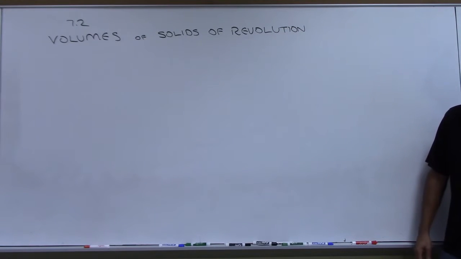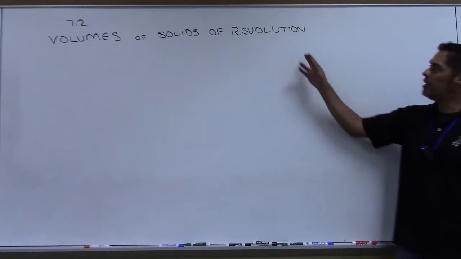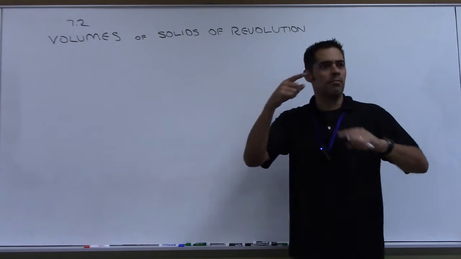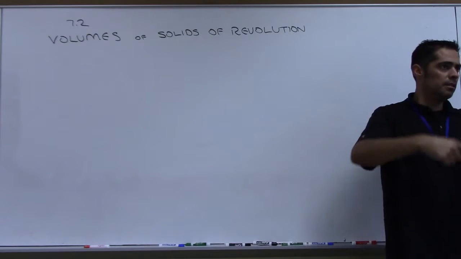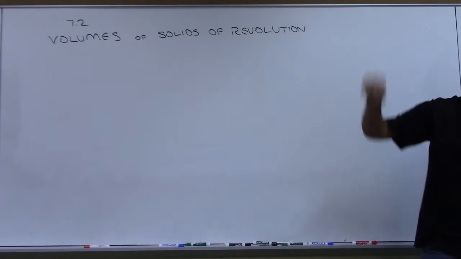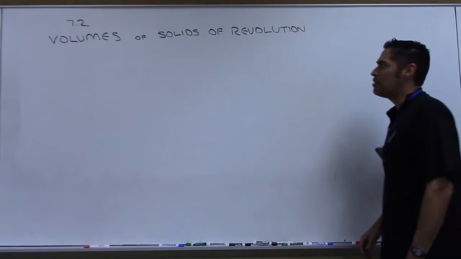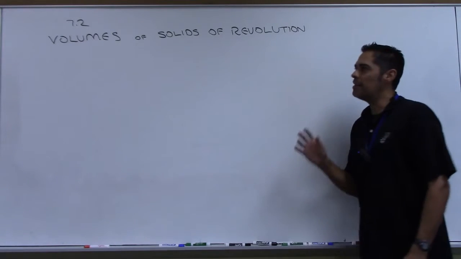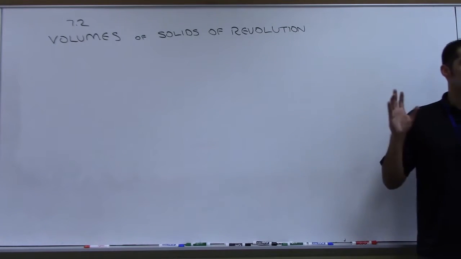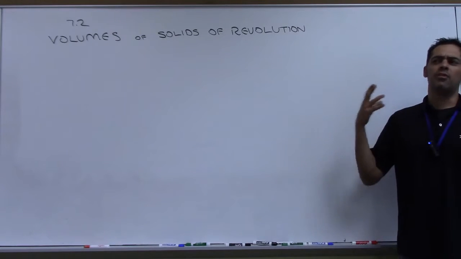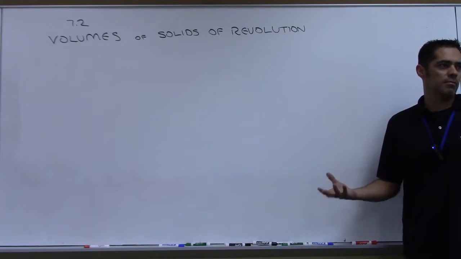When we see the word revolution, we're talking about rotation, revolving, not like here comes the new revolution, all right? This is just geometrically: we are going to create some solids by revolving things and try to find the volumes, right? That's what we're going to do.